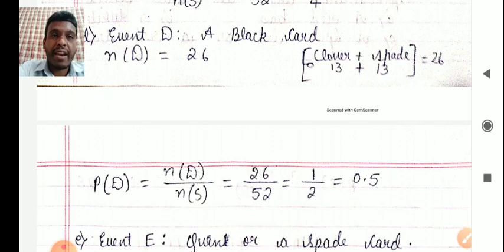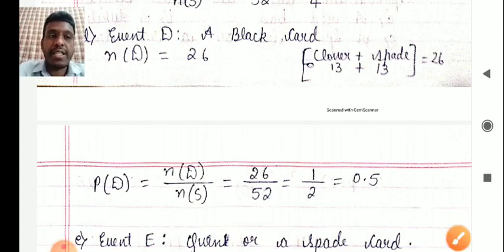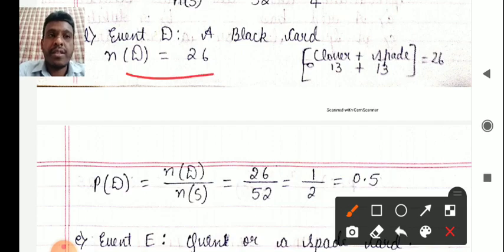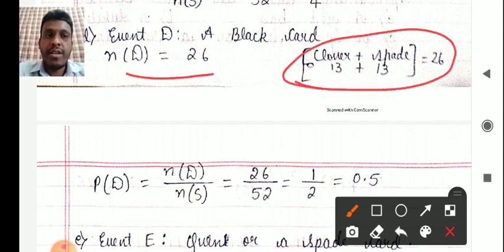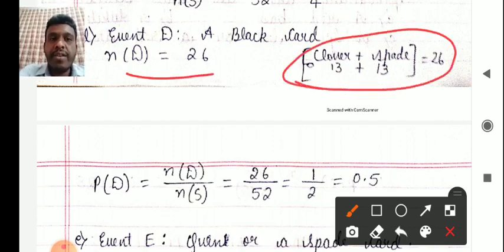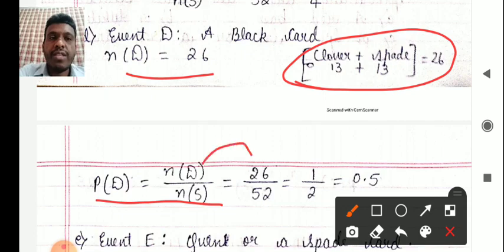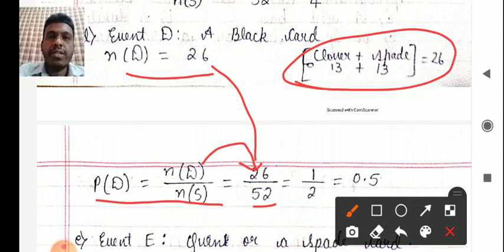So n of D is equal to 26, 13 clover plus 13 spade. So probability of D is equal to n of D upon n of S, which is 26 upon 52, which is equal to 1 upon 2 or 0.5. You can write any of these.